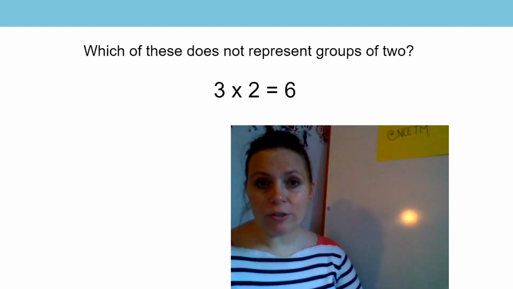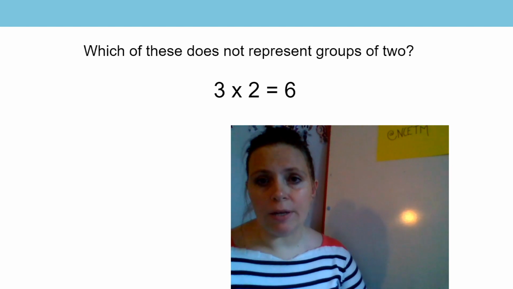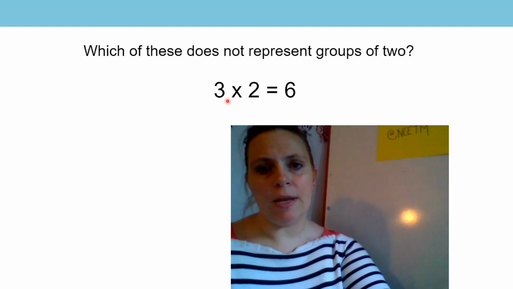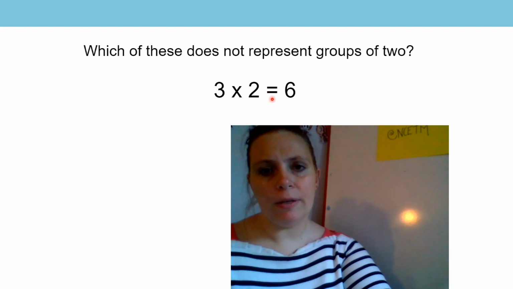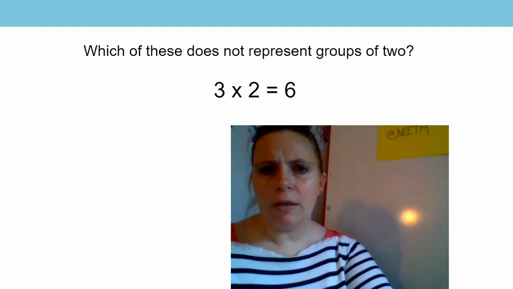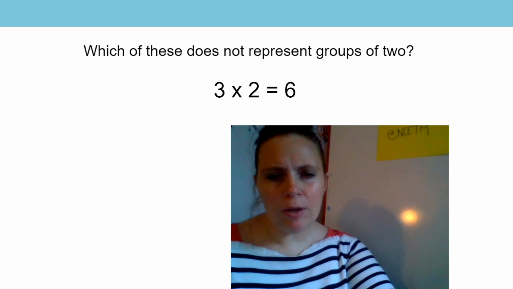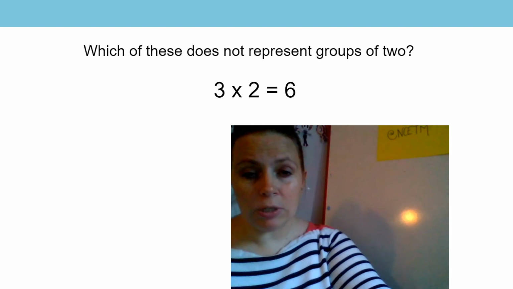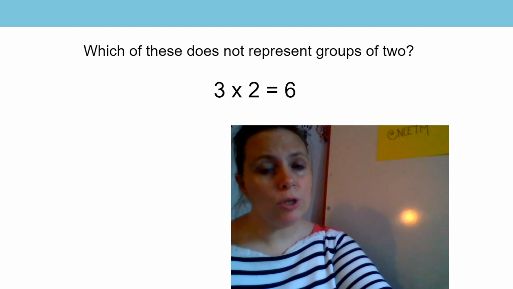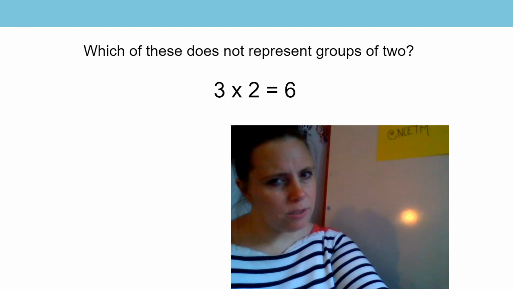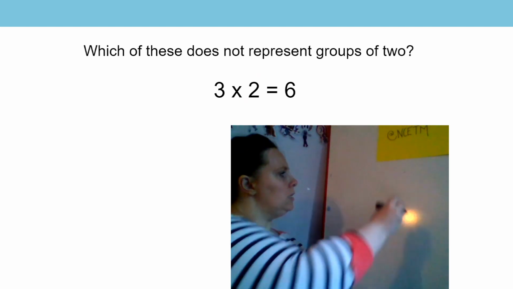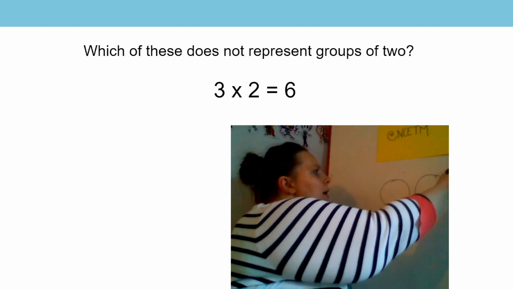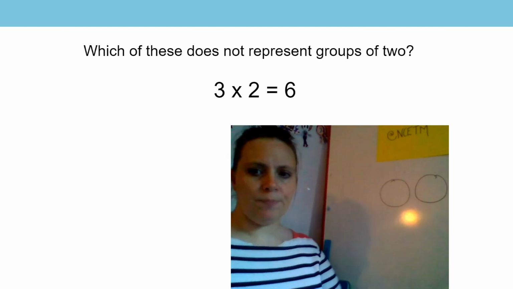Okay, so we had the question, which of these does not represent groups of 2? And the first one I want to look at is 3 times 2 equals 6. So we have how many groups? That's right, 3. And what is in those groups? 2. Shall we draw it? Okay, so here's one group, here's the other group, and here's the third group.